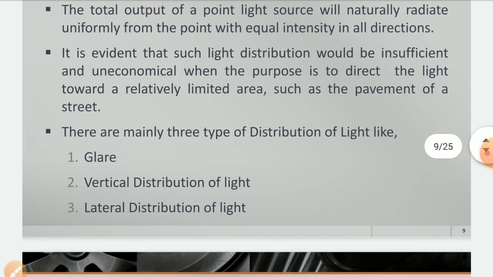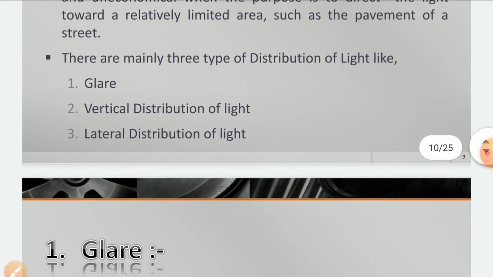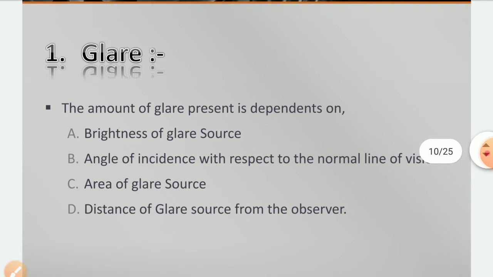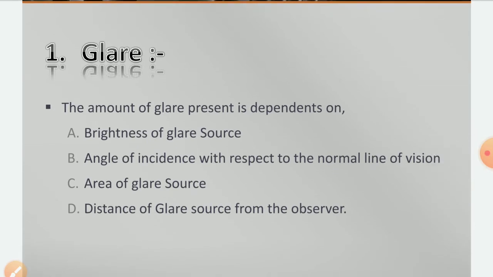There are mainly three types of distribution of light in street lighting applications: glare, vertical distribution, and lateral distribution. Glare is the discomfort caused to the human eye when it is exposed to a bright light source.